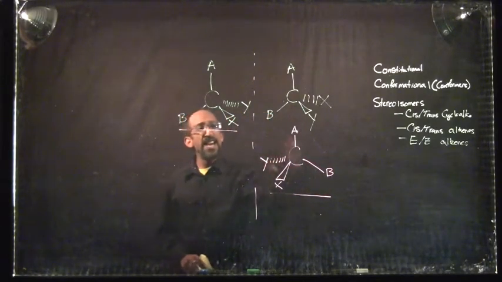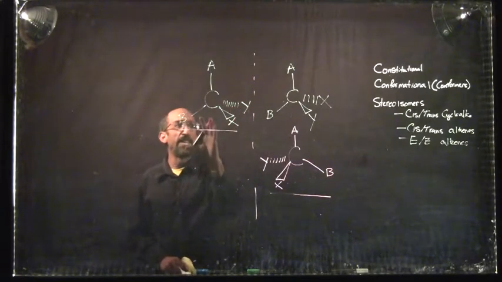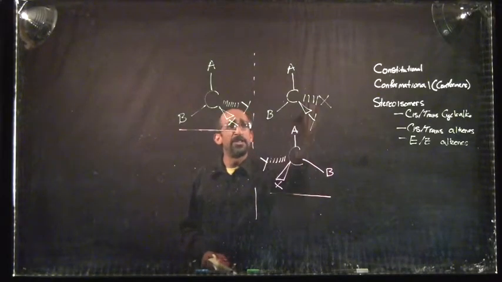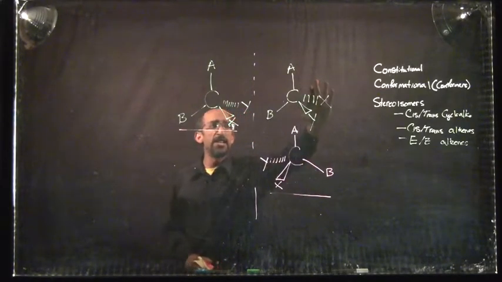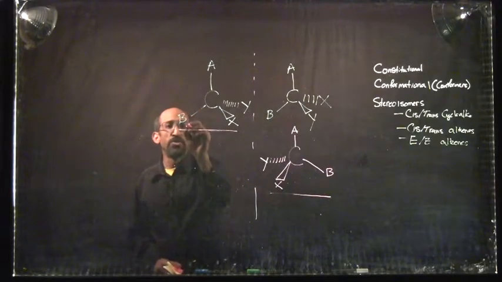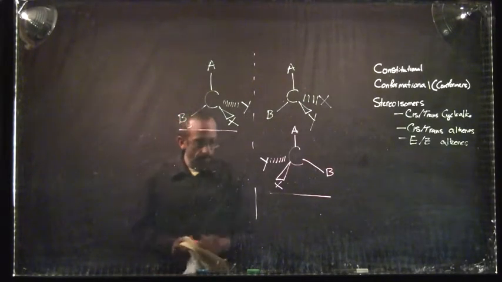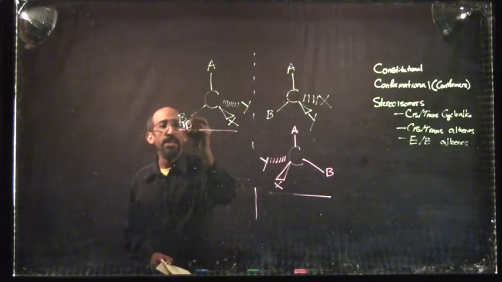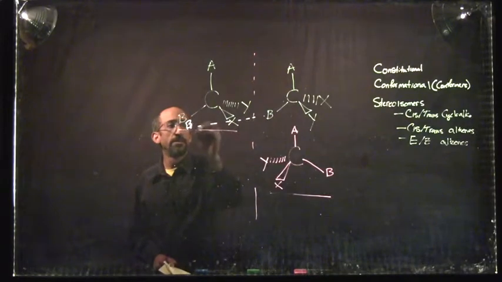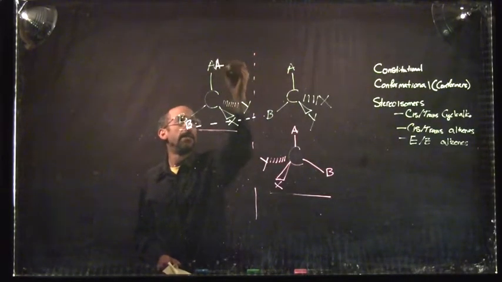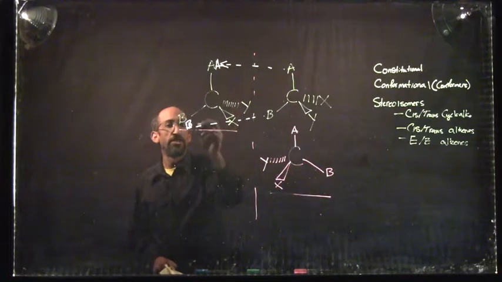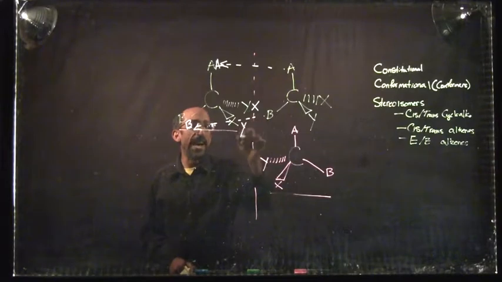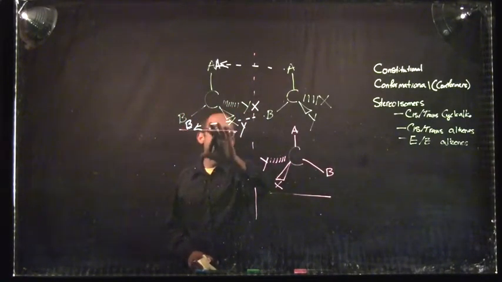However, if I try to lay one directly on top of the other, I'd see that they are what are called non-superimposable mirror images. So essentially, if I take this depiction here and just slide it over, we'll see that B lines up with B, A lines up with A, moving this direction, but now X lines up with Y, and Y lines up with X. And so we have created a mirror image.